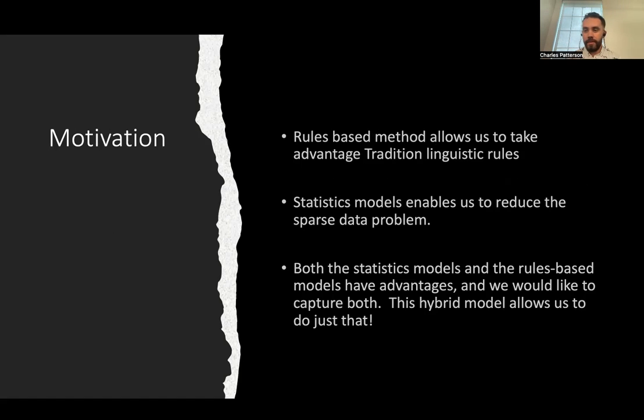The motivation for this method is that, like I was saying before, we're able to combine because both methods, whether we're talking about statistics or rules, have different strengths. The statistics approach has the strength that our models are able to learn, and it also reduces our sparse data problem, which means we're able to more quickly make predictions, whereas rules-based is going to take a lot longer.